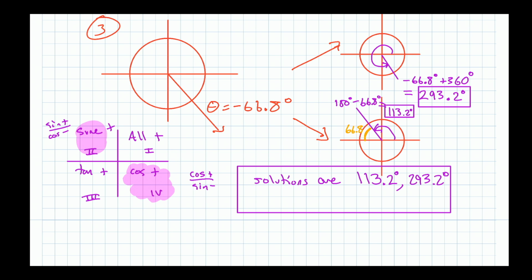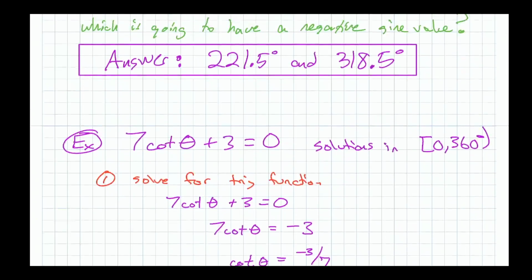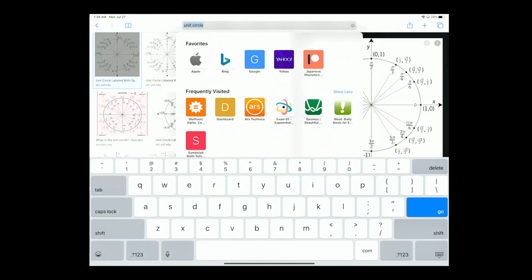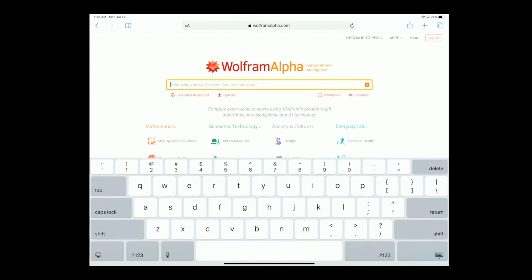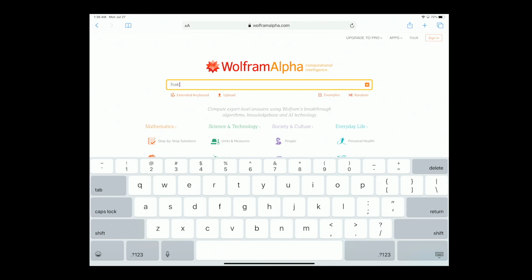We should be okay with the fact that you can check your answers on a computer, right? Like 7 cotangent theta plus 3 equals 0. If I go to Wolfram Alpha here, 7 cotangent, I'm not going to do theta, I'll just put t.